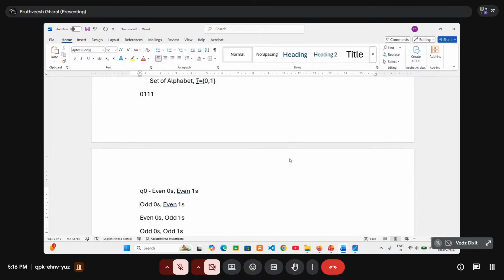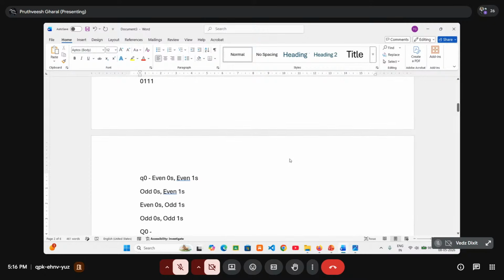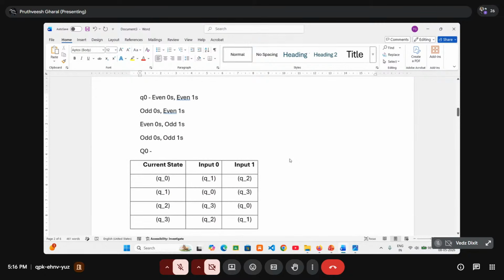This is our starting assumption, and whenever the DFA starts, it asks us which state to be in. We'll say be in the state Q0. Why? Because in state Q0 we assume that there are an even number of zeros and an even number of ones.